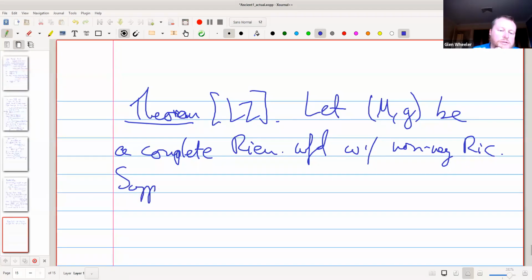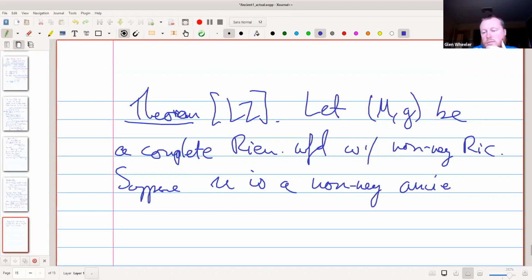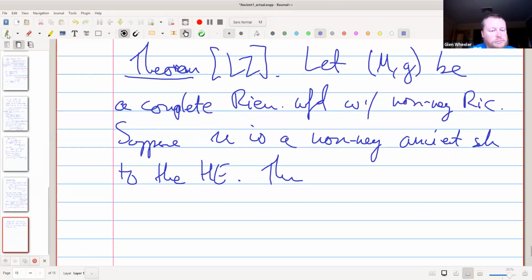We take u as a non-negative ancient solution to the heat equation. Okay, so the completely monotone thing happens just like before.